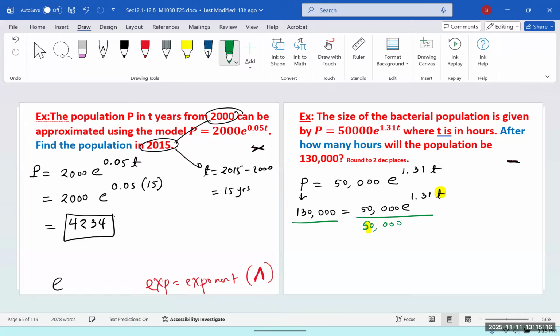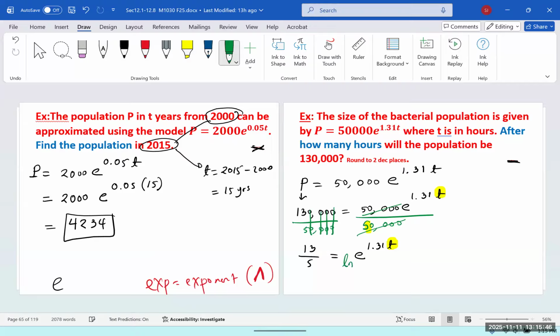Why are you telling me the other way? Okay, I see. So here we cancel out 10, 20, 30, 40, so left is 13/5 equals e to the 1.31t. We are still having the same problem with t.